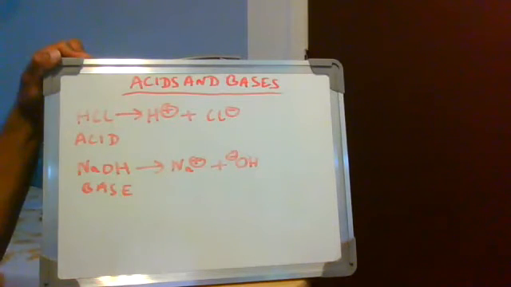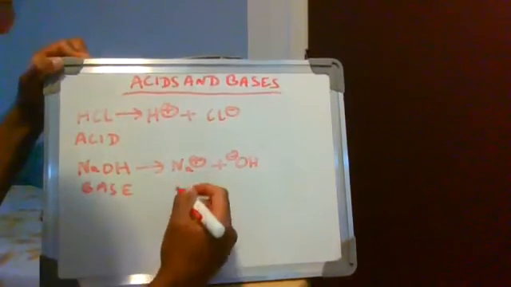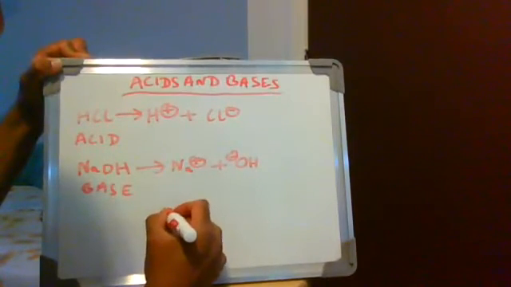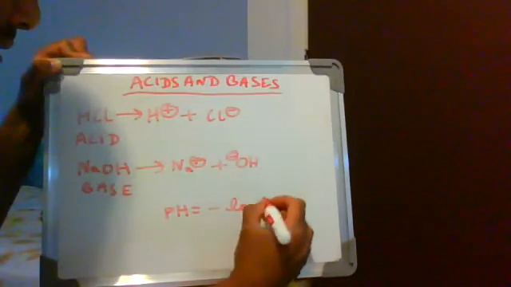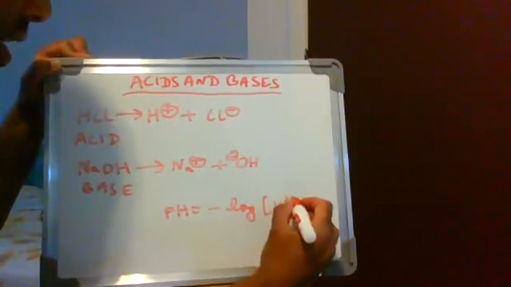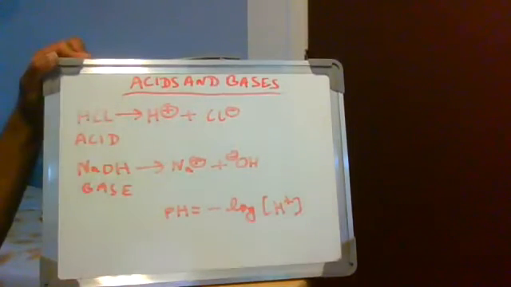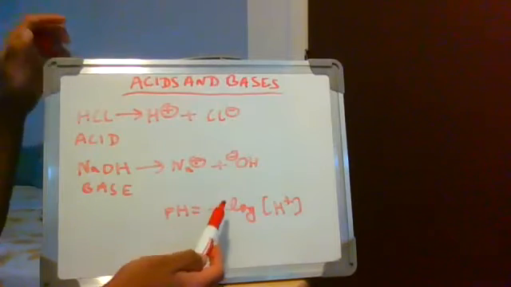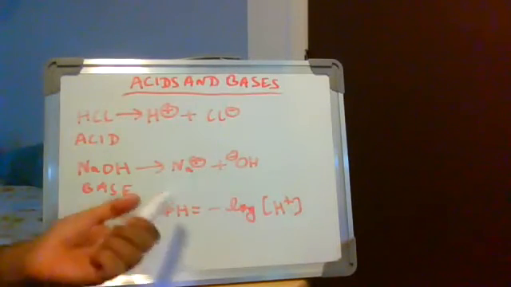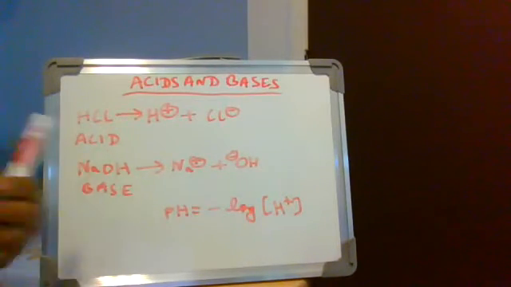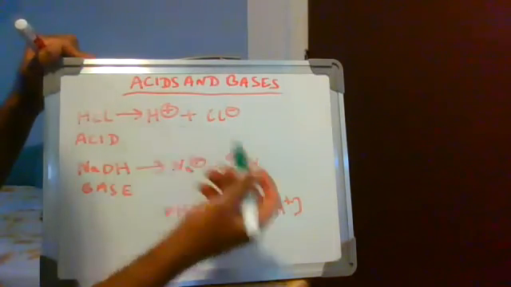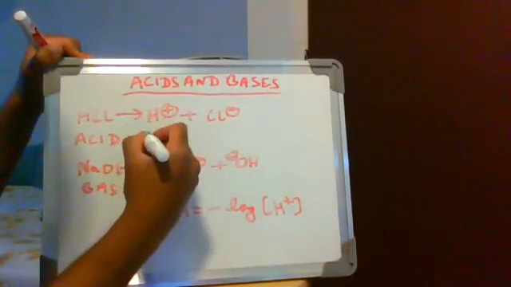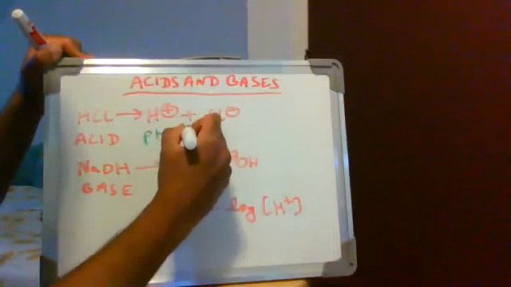And we also talked about pH, how we measure acidity. pH is defined as the negative logarithm of H+, right? So what do these values mean? We can define pH with respect to certain values. We learned that for an acid, the pH is less than 7.